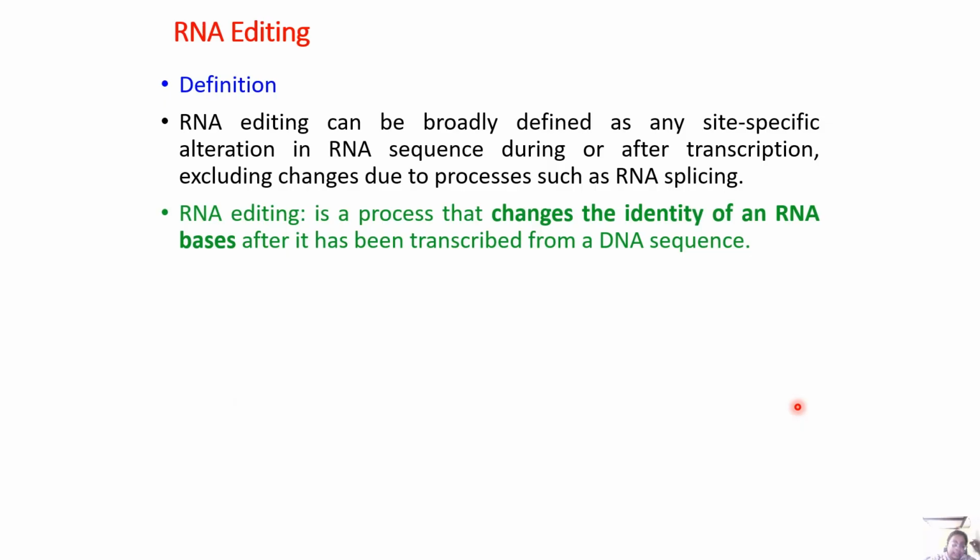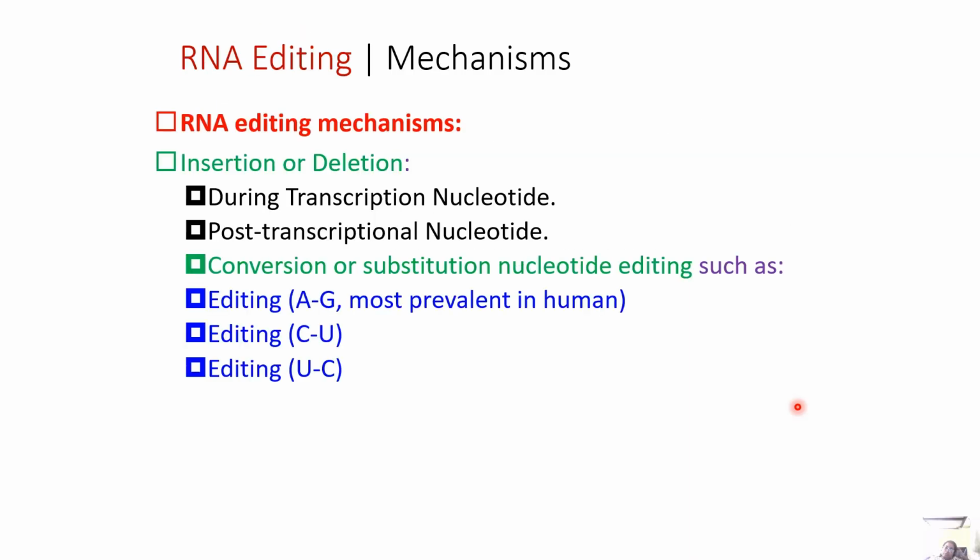So, RNA editing can be broadly defined as any site-specific alteration in RNA sequence during or after transcription, excluding changes due to processes such as RNA splicing. So, RNA editing is a process that changes the identity of an RNA base after it has been transcribed from a DNA sequence.